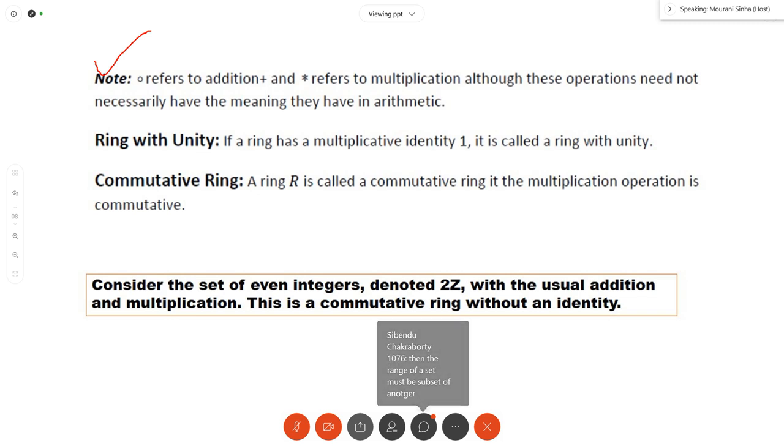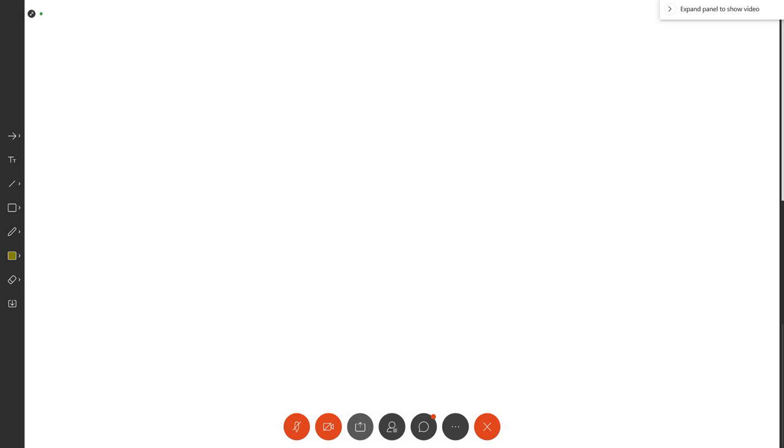Let us take the whiteboard actually for 2Z, plus, dot. This is the algebraic system given to you. That means it contains all the even numbers 2, 4, 6 and so on, with addition, and you have multiplication as this. So you can check here.